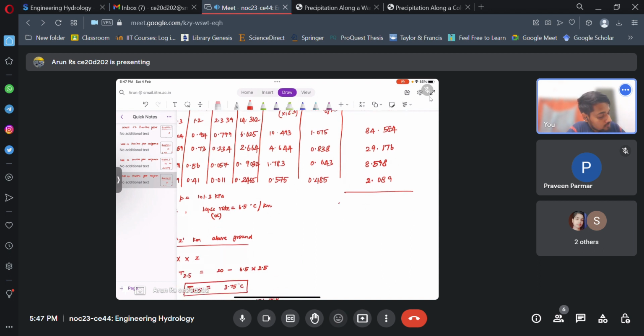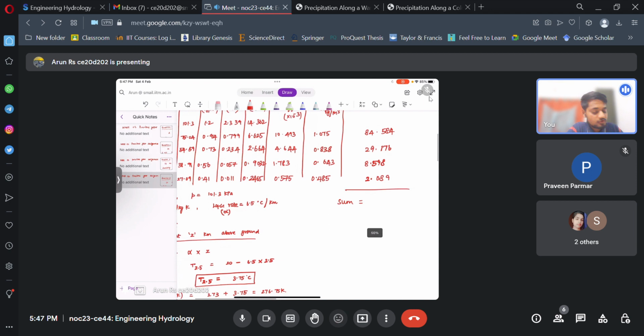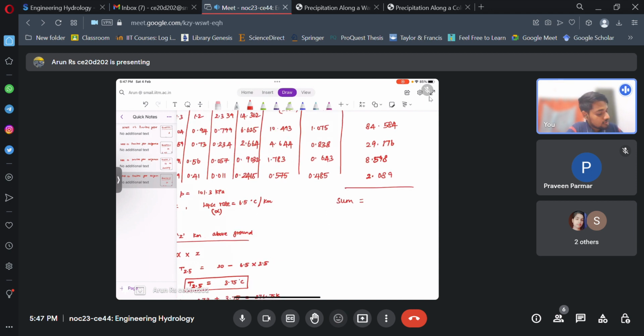And we need to take the sum of all the masses, which will give you the total mass of moisture that is available for precipitation in that particular column.